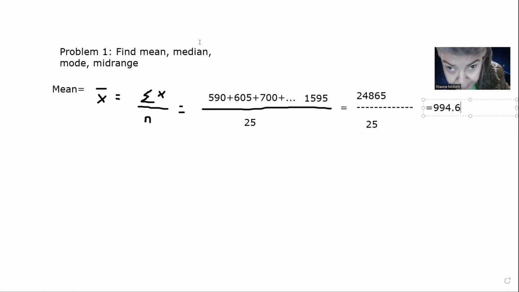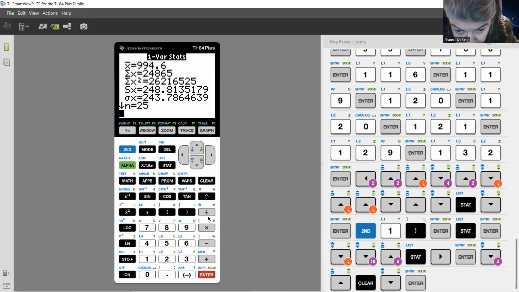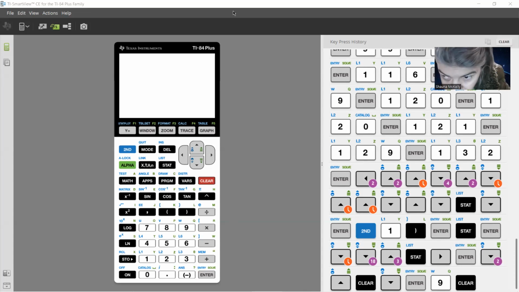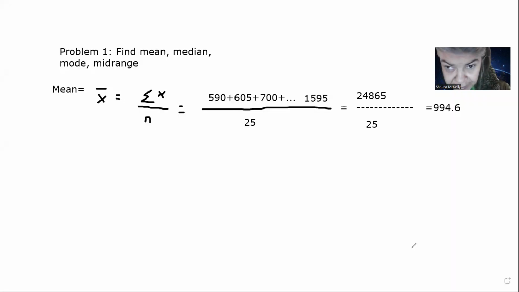So let me go back and I'm going to do one thing here. I'm going to go to my calculator. Okay. And I'm going to do 28,000. What was it? Hold on. Let me come back. It wasn't 994. It was 28,000 something. And I forgot to take note of the number. Let me come back to it. 24,865.